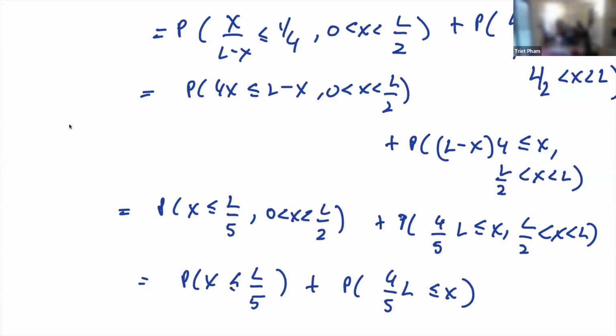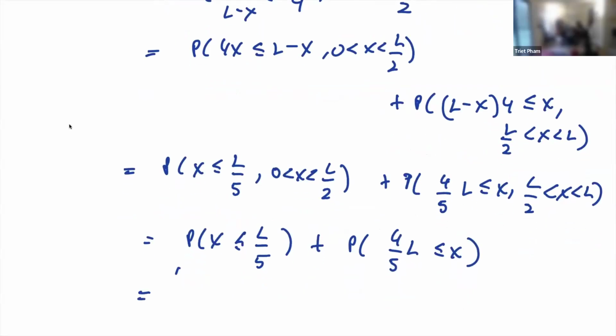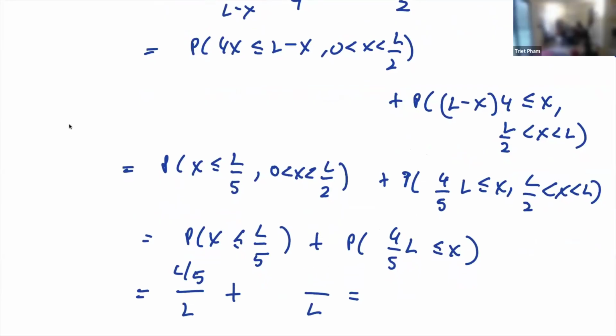And now by proportion, this is L over 5 over L, or a fifth L over L. Sorry, not 4/5, 1/5 also, right? Because the length from here to this is less than or equal to L, so this is also L minus 4/5 L, right? What is the final answer? 2/5.